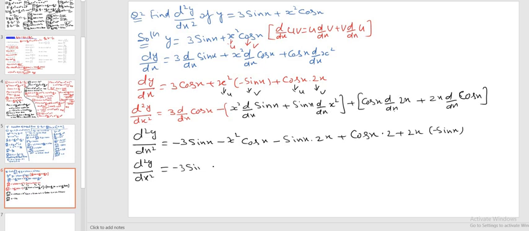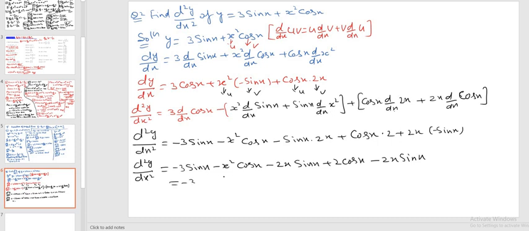Just simplify whatever you have, that is your answer. Minus 3 sin x minus x² cos x minus 2x sin x plus 2 cos x minus 2x sin x. So see that one? Just simplify this and this becomes 4.